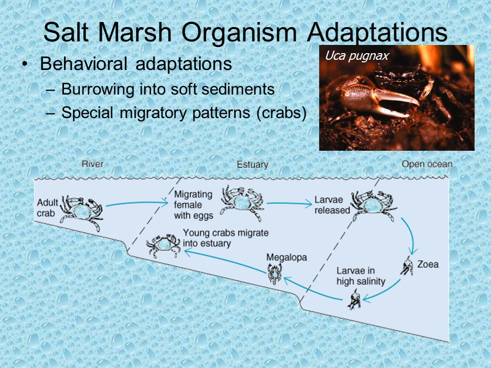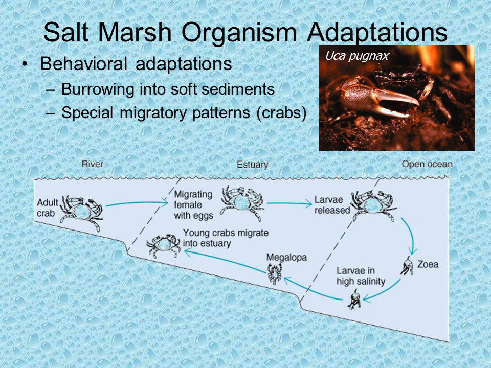They would migrate as females with eggs into the estuary. They would release their eggs, release the larvae in the estuary, but close to the open ocean. So they would go all the way out fairly far into the sound to release their larvae. Once the larvae are released, they can go into the open ocean or more saline waters where they start to develop. These larvae need to develop in higher salinities.